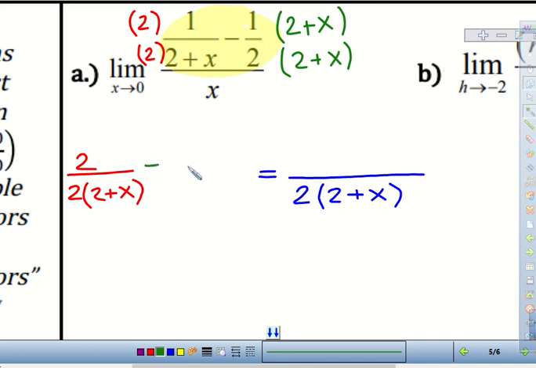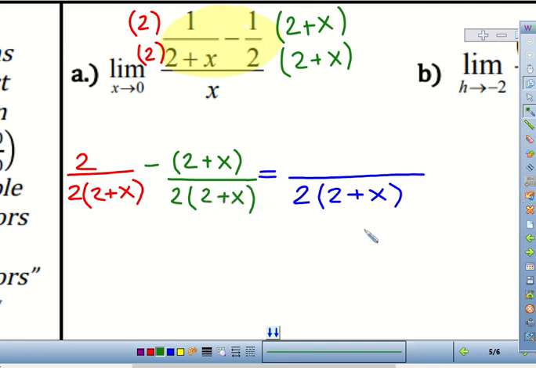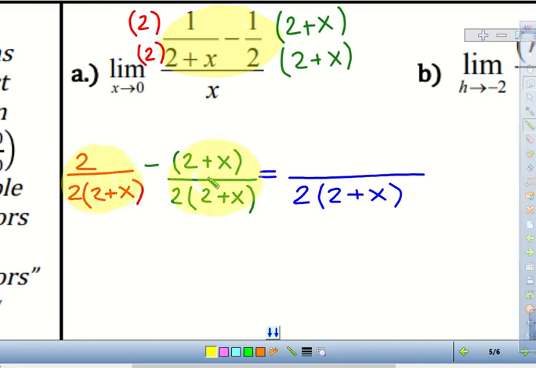So that's going to be minus 2 plus x. Don't forget to put the parentheses there. I want to write it x plus 2 because I'm so used to writing the x first, but I don't want to switch it up right now. So, does everybody see how I took these fractions and made them into equivalent fractions that now have the same denominator as what we need it to have?